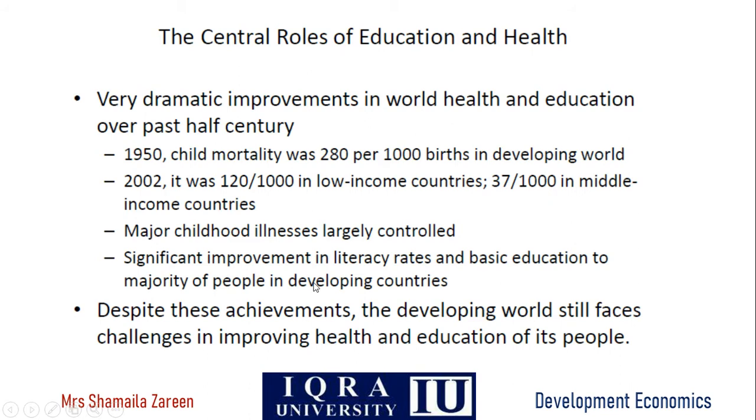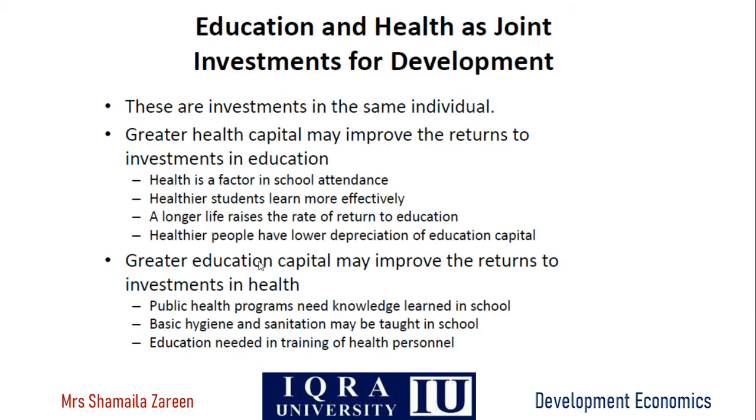Major childhood illness is largely controlled, and we have discussed significant improvement in literacy rates and basic education for the majority of people in developing countries. But despite these achievements, whenever you see the condition of health and education, we are far below the rich or developed countries.